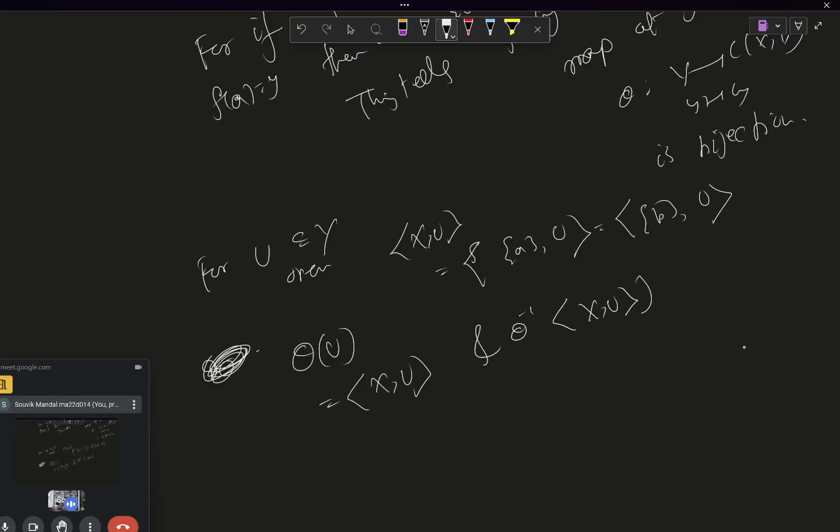And theta inverse of [X, U] is equal to U. So theta is a homeomorphism.